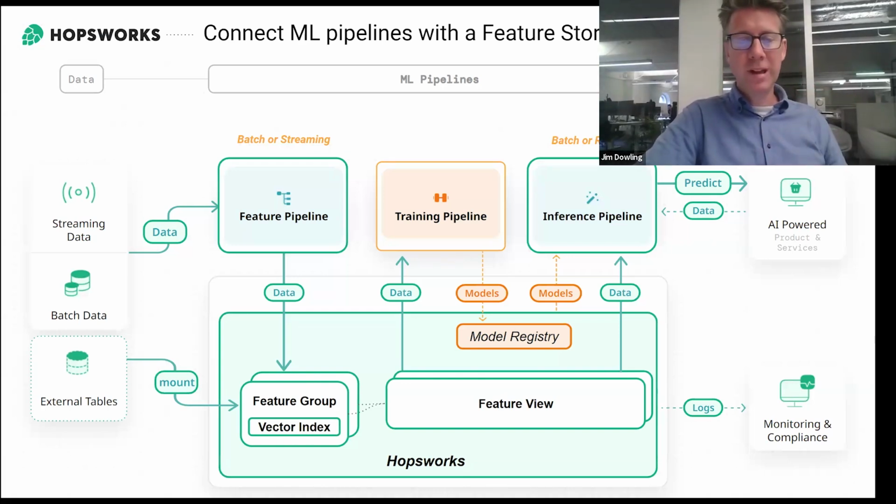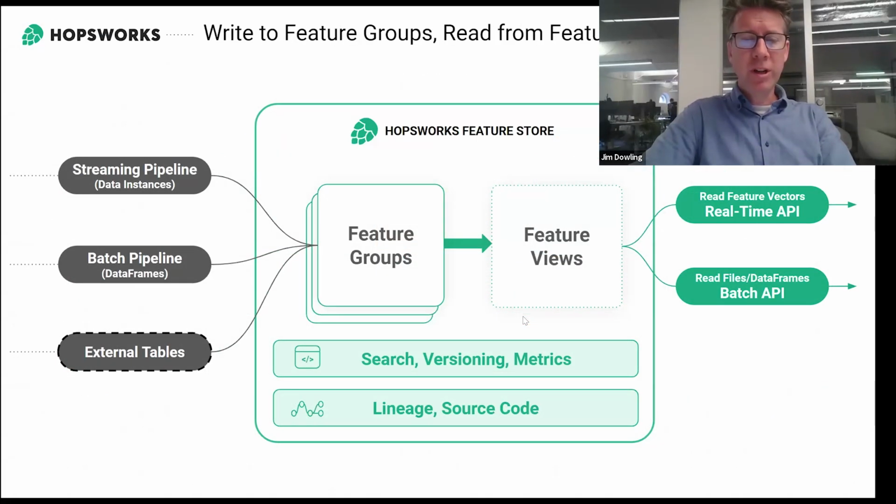There's also a model registry in Hopsworks, and we'll see that there is model serving. Hopsworks supports KServe, which is the de facto Kubernetes open source model serving framework. This is what we're going to work with, and what we'll use to scale to 1 million operations. Just to remind you that the data is written to feature groups, but we read from these feature views.